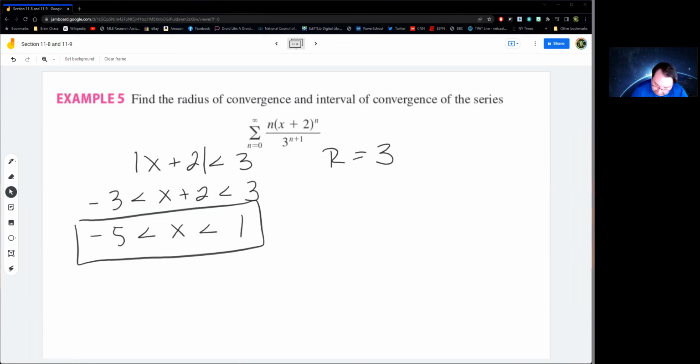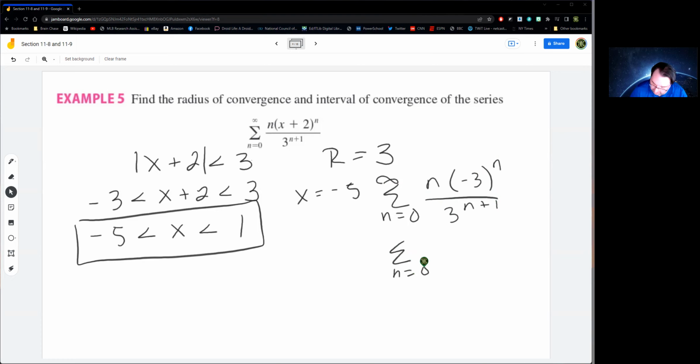So if x is -5, I get (-3)^n over 3^n plus 1, times n, which ends up being (-1/3)^n.